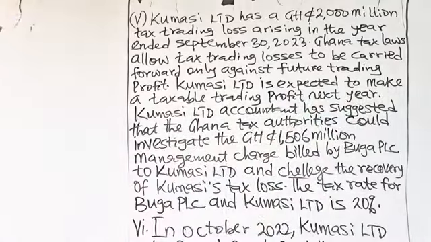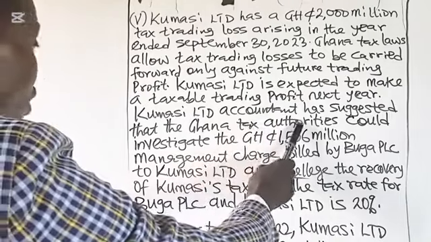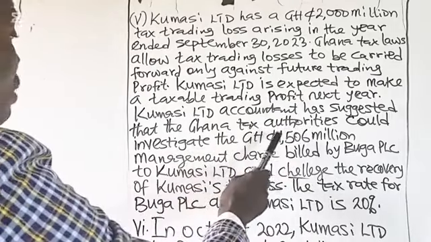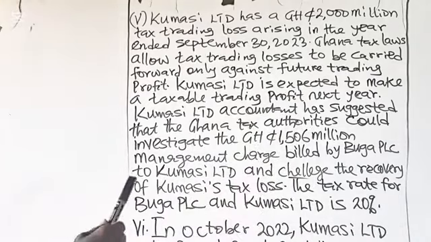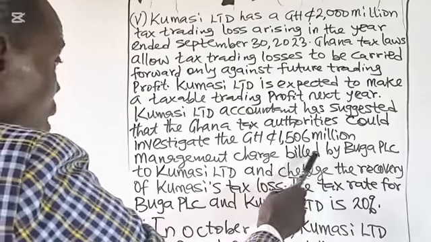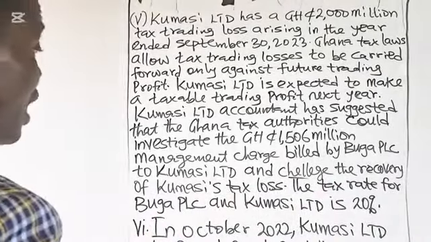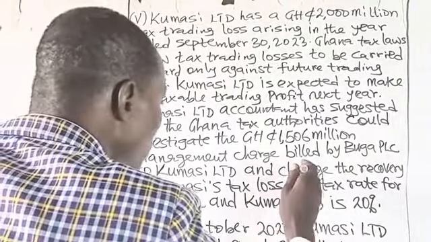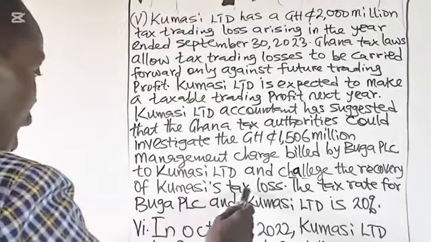Kumasi Limited's accountant has suggested that the Ghana tax authorities could investigate the 1,506,000,000 Ghana cedis management charge billed by Buga PLC to Kumasi Limited and challenge the recovery of Kumasi's tax losses.